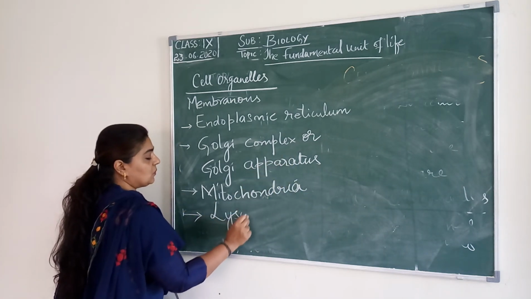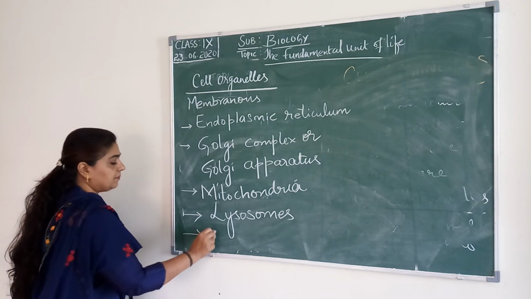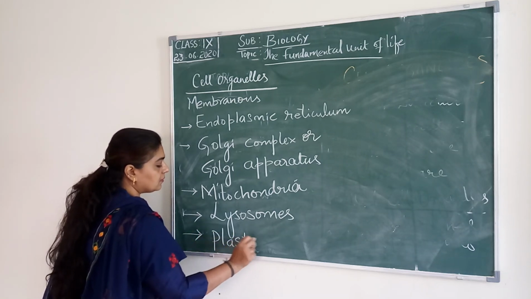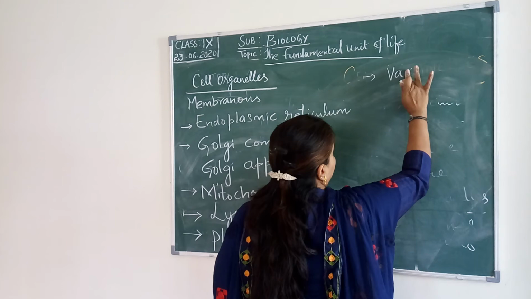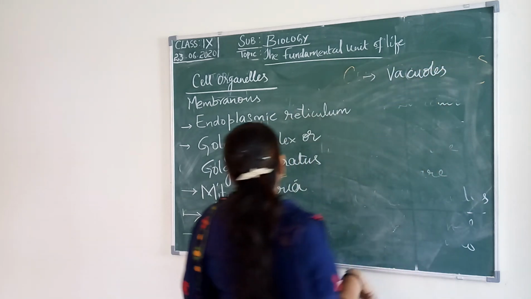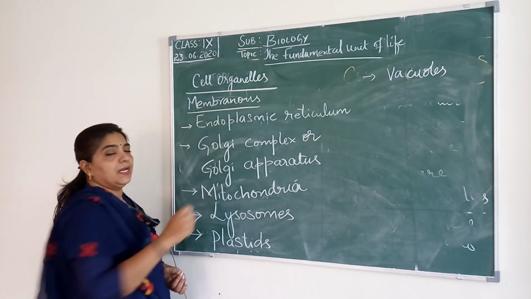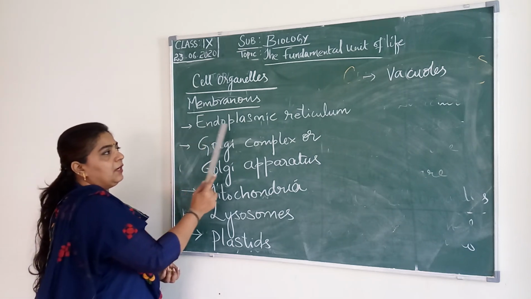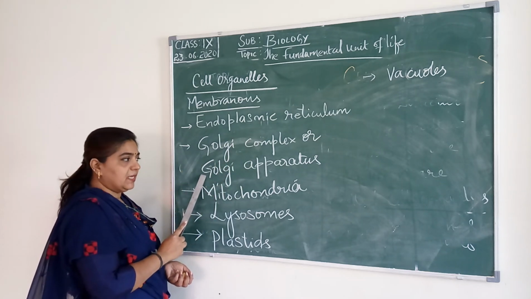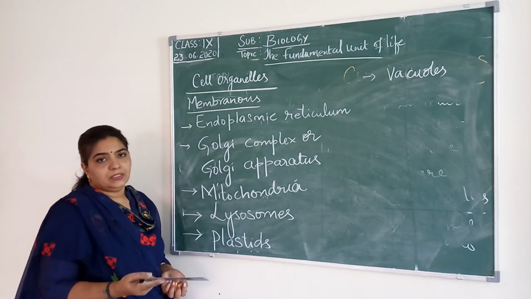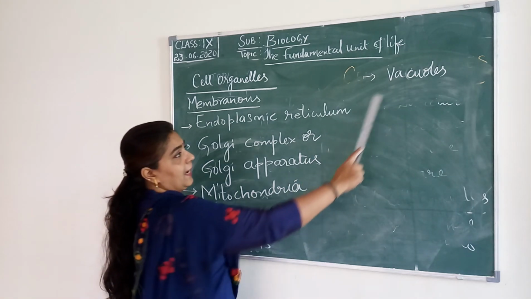Then lysosomes, plastids and vacuoles. So these are the membrane-bound organelles, the organelles which are covered by a membrane.